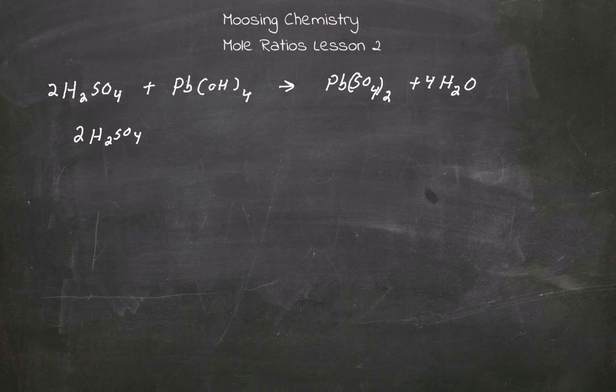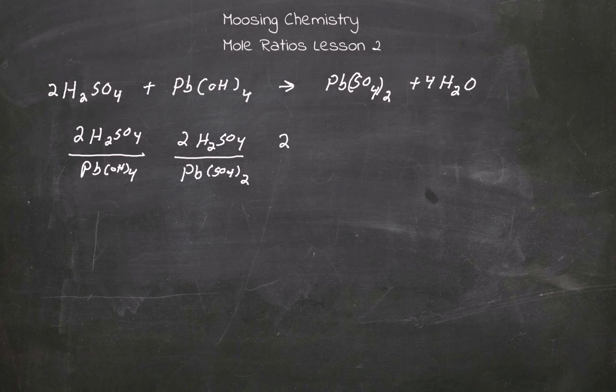2 H2SO4. Alright, there's 2 to that, 2, 1 PbOH4. There's 2 H2SO4 to 1 PbSO4.